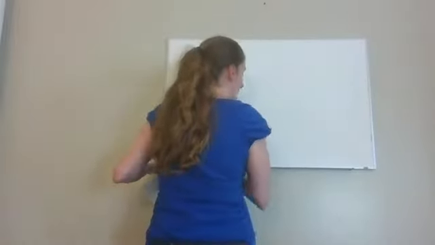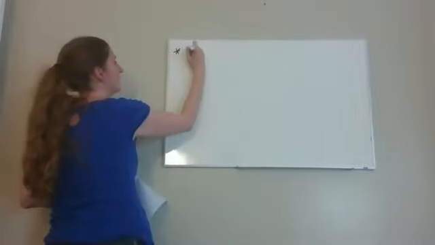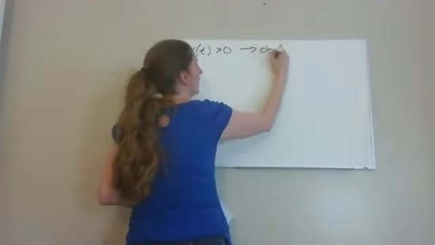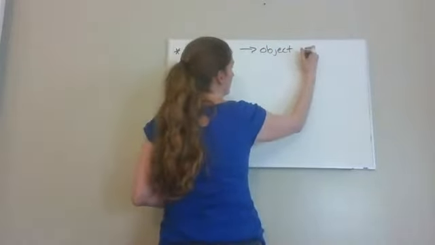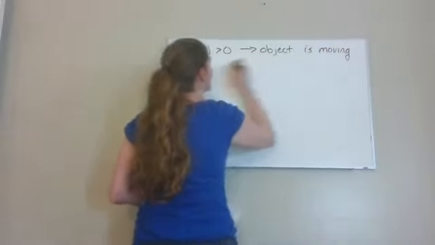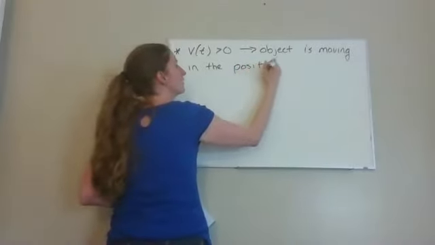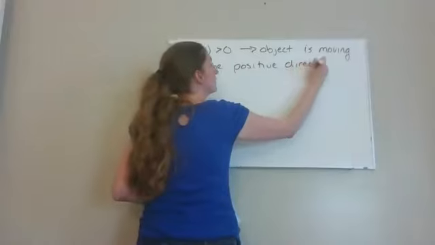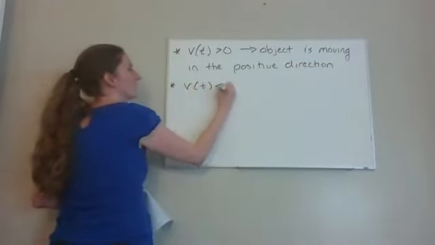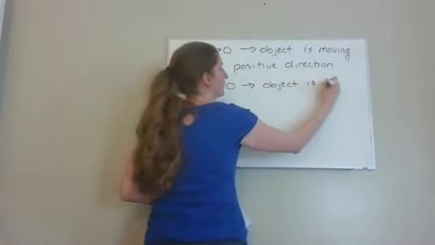So first I'm going to write down what we just talked about. When the velocity is positive, the object is moving in the positive direction. And when my velocity is negative, the object is moving in the negative direction.